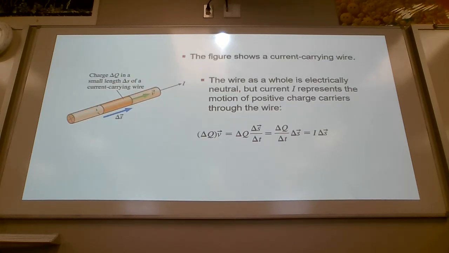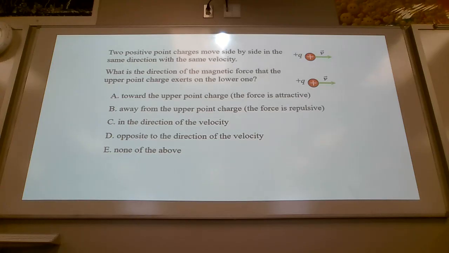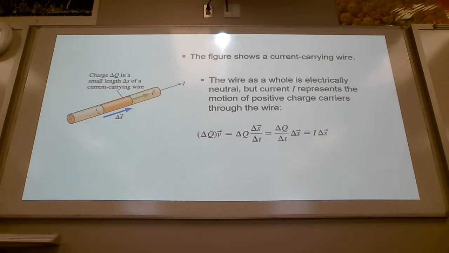Okay, so this was foundational stuff. The AP starts here foundationally. We're looking at current in wires, small amounts of charge going through.